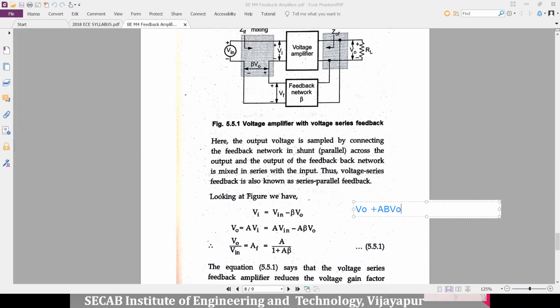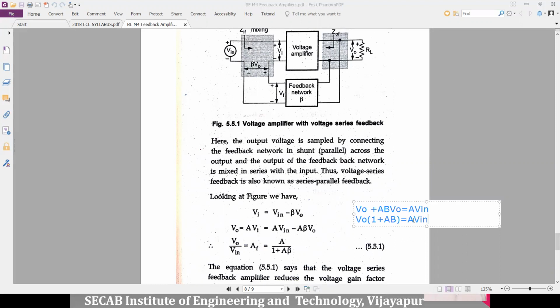Which is equal to A V in. Fine. Now from this expression, if we take V naught out, in the bracket we will have 1 plus A beta, which is equal to A multiplied by V in.